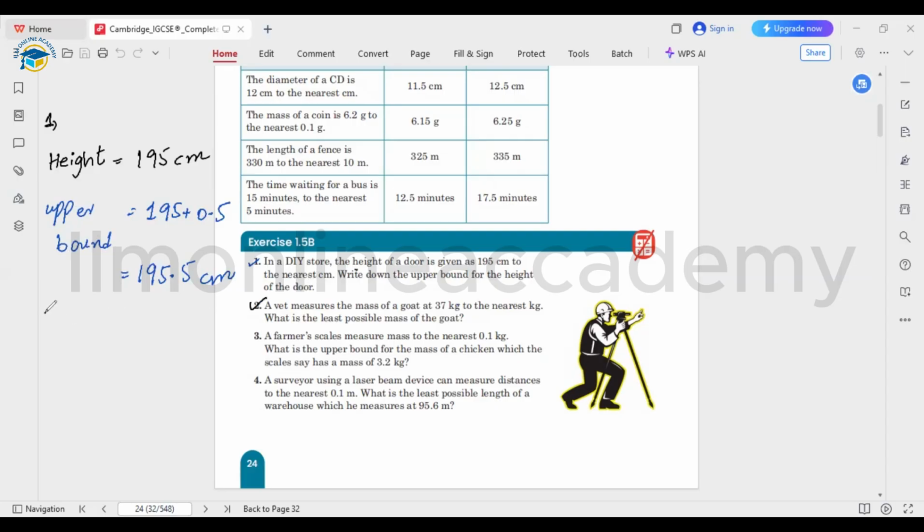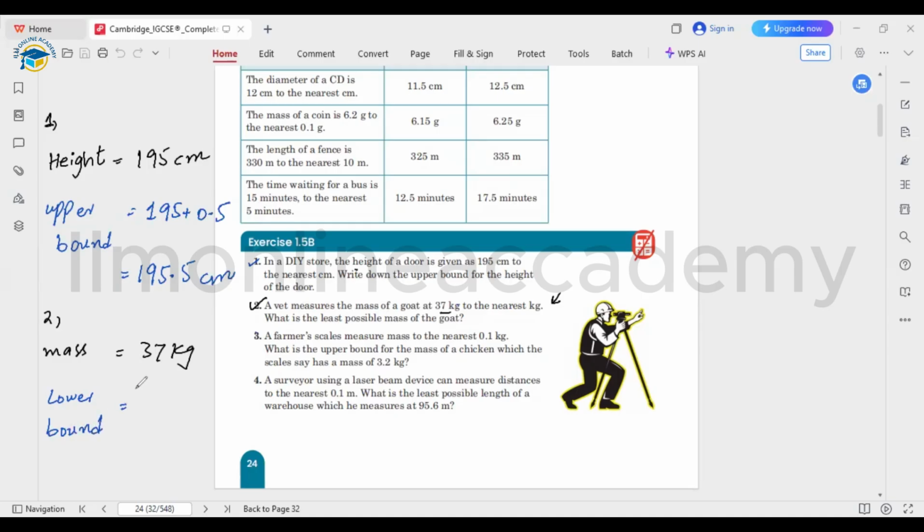Next, moving to the second part, they're saying a vet measured the mass of a goat as 37 kilograms to the nearest kilogram. We need to write down the least possible mass. The least possible mass means the lower bound. So what they gave us is the mass of a goat, 37 kilograms, and we need to find the lower bound.